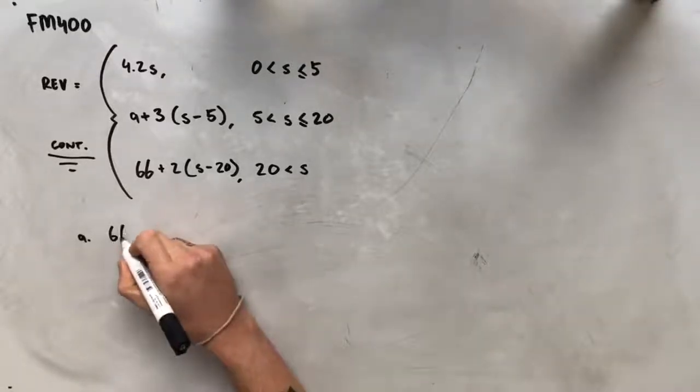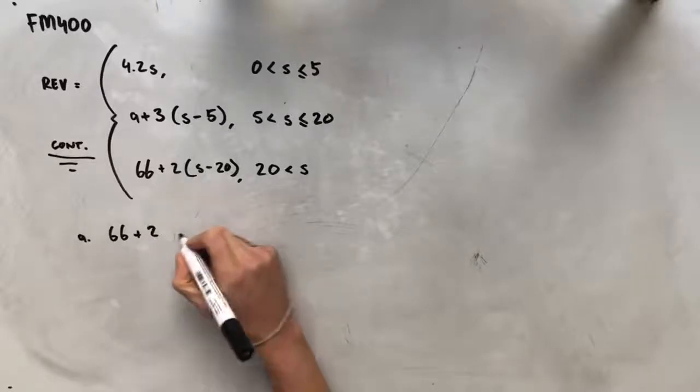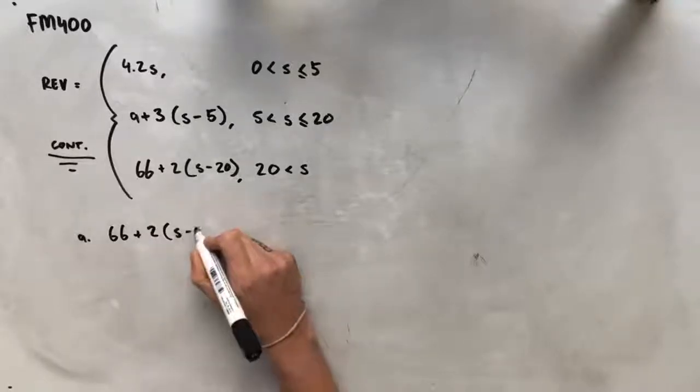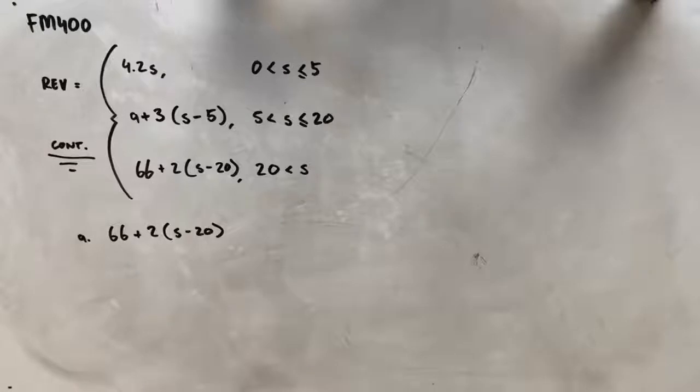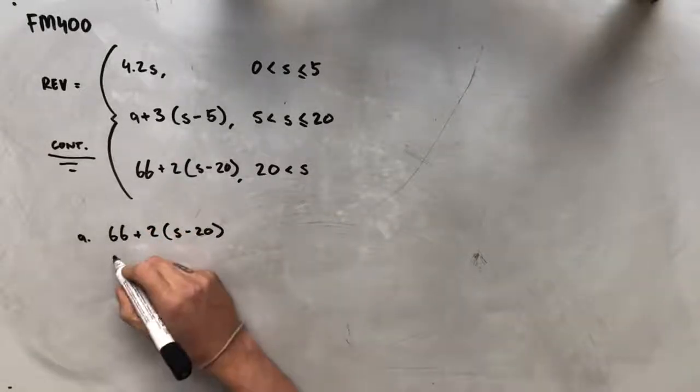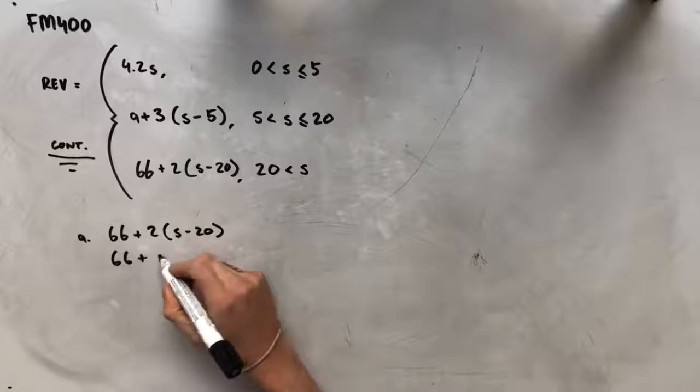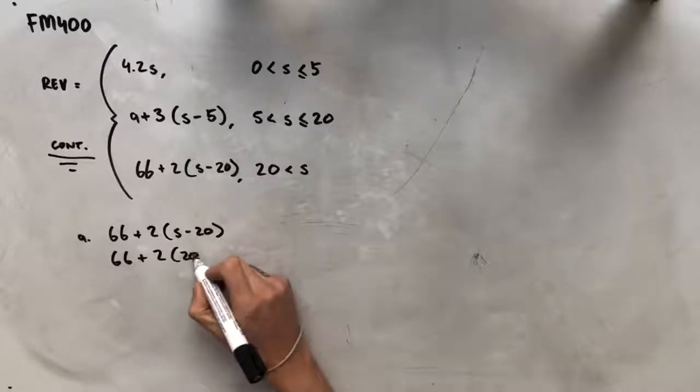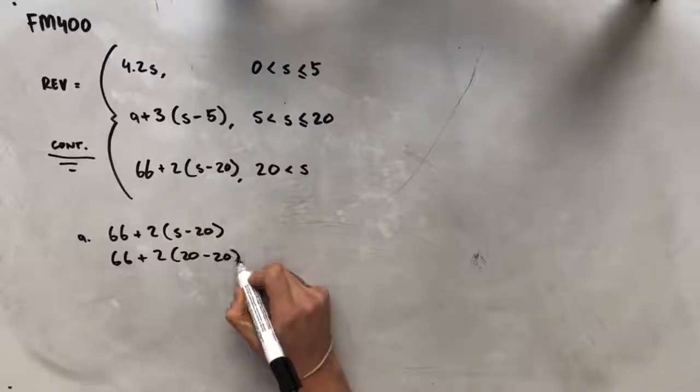We take the equation that we've been given, 66 plus 2 times S minus 20, and substitute a value of 20 succulents into it. 66 plus 2 times 20 minus 20.